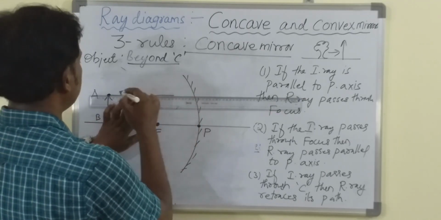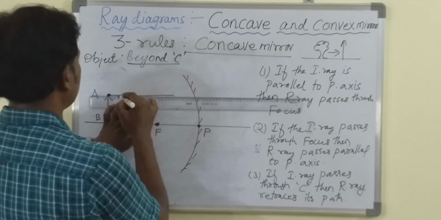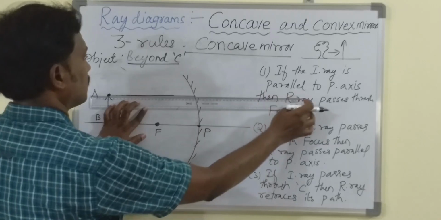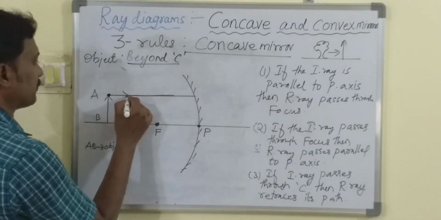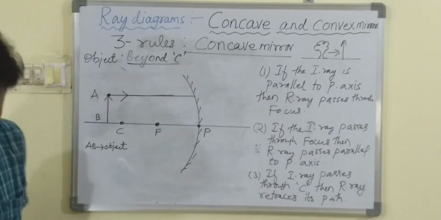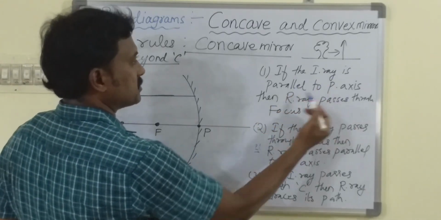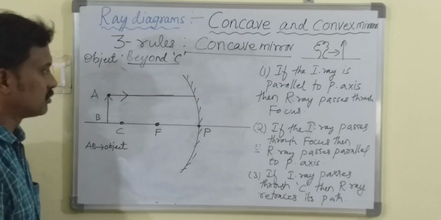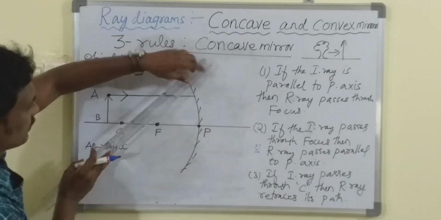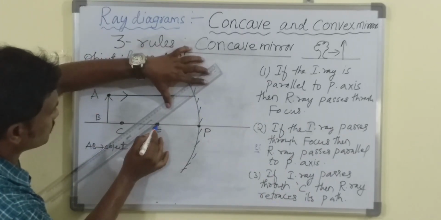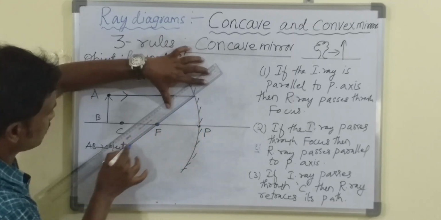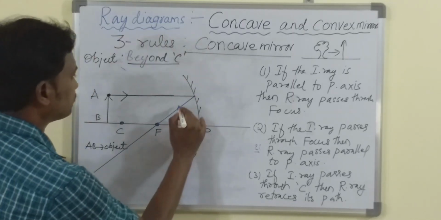This is the first incident light ray. Okay, now if the incident ray is parallel to the principal axis, then the reflected ray passes through the focus. So we are going to draw the reflected ray. Reflected ray will pass through the focus. This is the reflected ray.